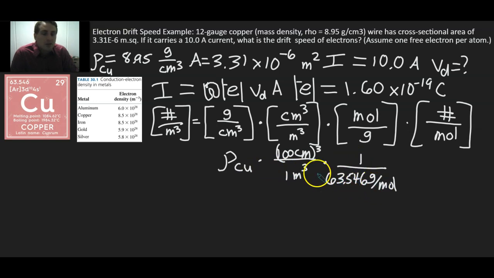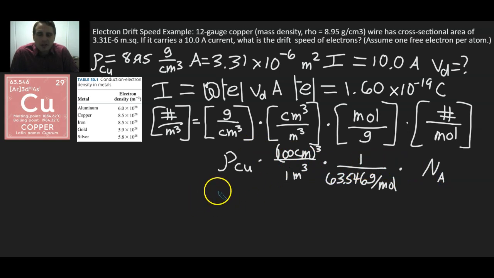Now, I wouldn't necessarily know that unless I had got this information from the periodic table. And then finally, number of molecules per mole. That's a very famous number. In fact, that's exactly Avogadro's number. Okay? So then we can start to multiply all this out.